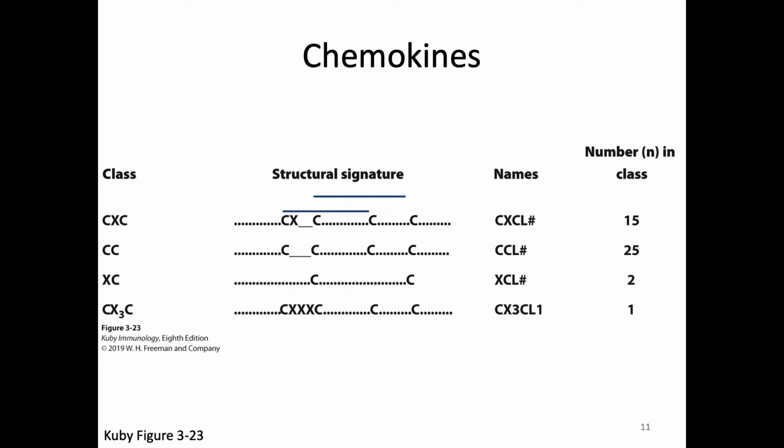And so the first part is telling us something about the structure of the chemokine. Then L means it's the ligand. L is for ligand in this case. And then there's a number. So like one that I think about is CCL5 or CCL19. So you just get the number afterwards. And so this is kind of how we name chemokines.